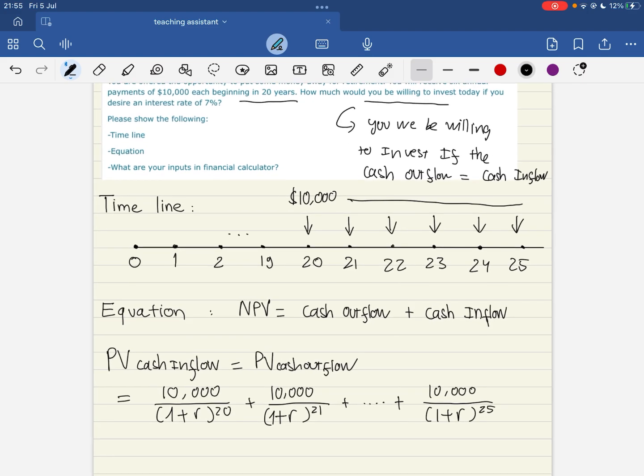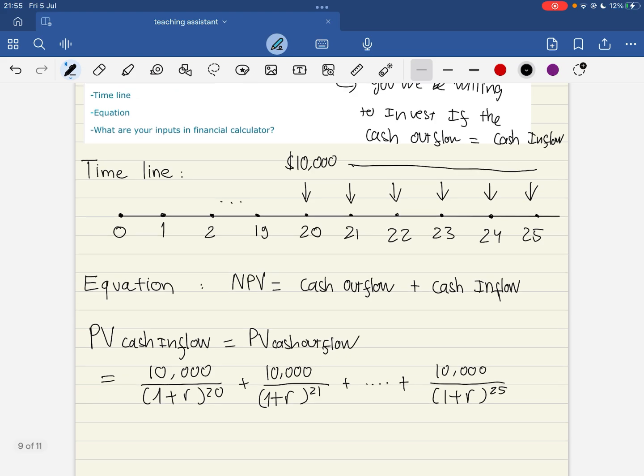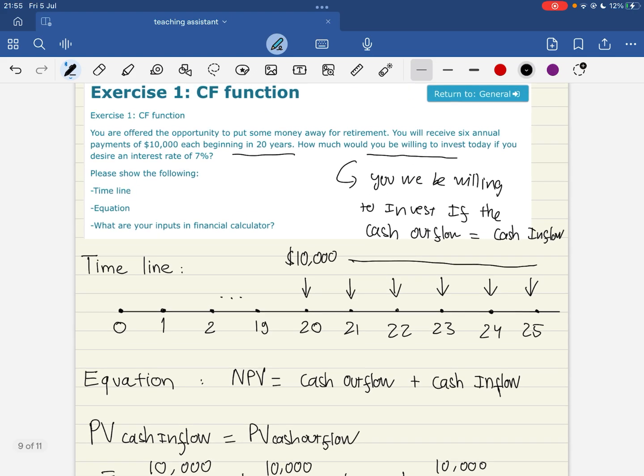So why do I have this equation? The reason is very simple. Just a reminder, we have to discount every future cash flow back to the current time with year 0. And the first payment only takes place after 20 years of time. Which means that if you want to calculate the present value of this $10,000, you have to discount it back 20 years until today.